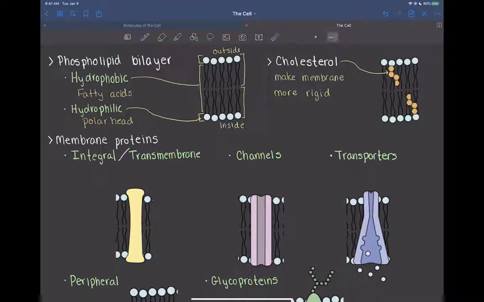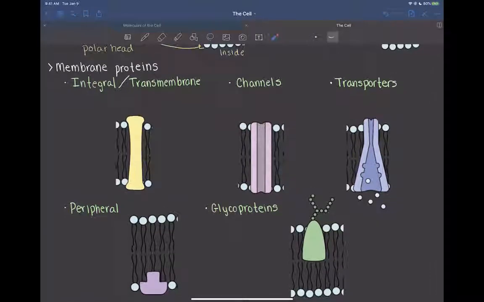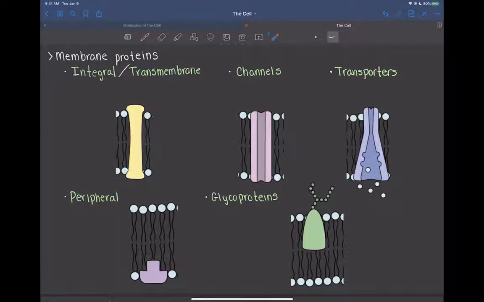So within this phospholipid bilayer, there's going to be embedded a lot of different proteins with a lot of different functions. If a protein travels completely through both layers of the bilayer, it's called either a transmembrane protein, trans because it spans the entire membrane, or an integral protein because it's completely integrated into the membrane.